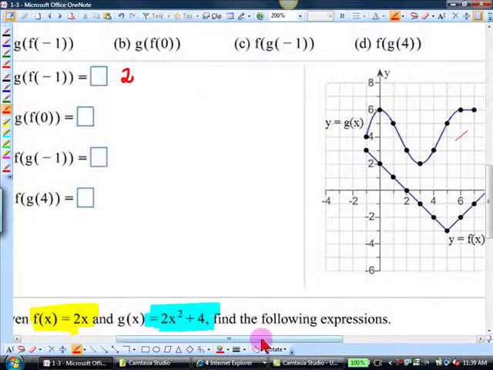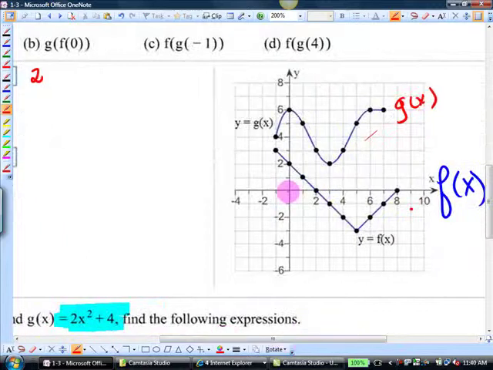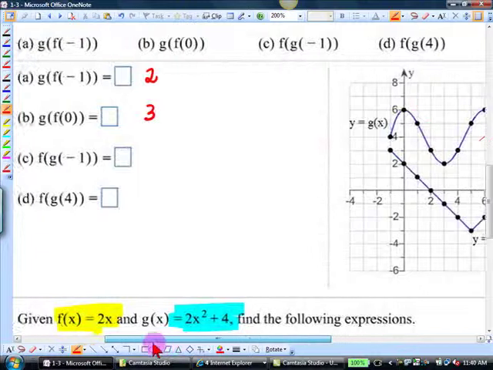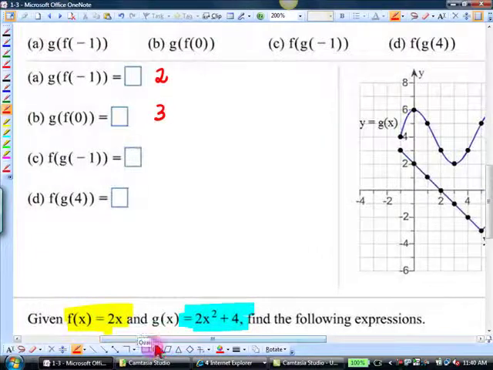G of f of 0. So go to 0, and then at f you are at 2. Go to 2, and up at g you're at 3. Okay. F of g of -1. Here's -1.